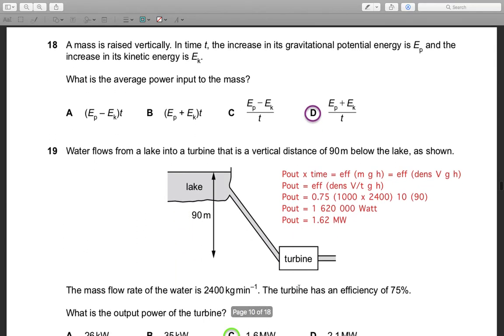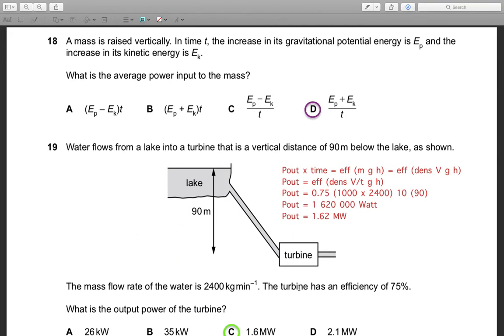Continue to number 18. A mass is thrown vertically. In time t, the increase in its gravitational potential energy is EP and the increase in its kinetic energy is EK. What is the average power input to the mass? At the same time the mass has gravitational potential energy, and also the particle has kinetic energy.